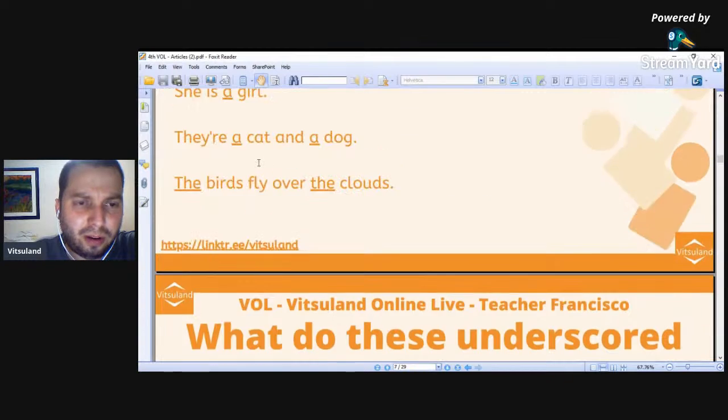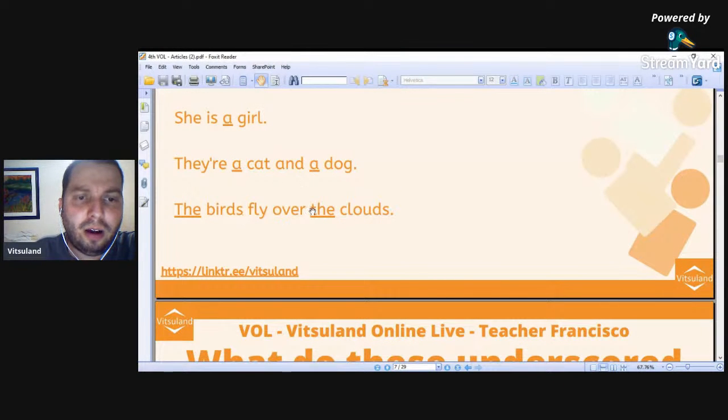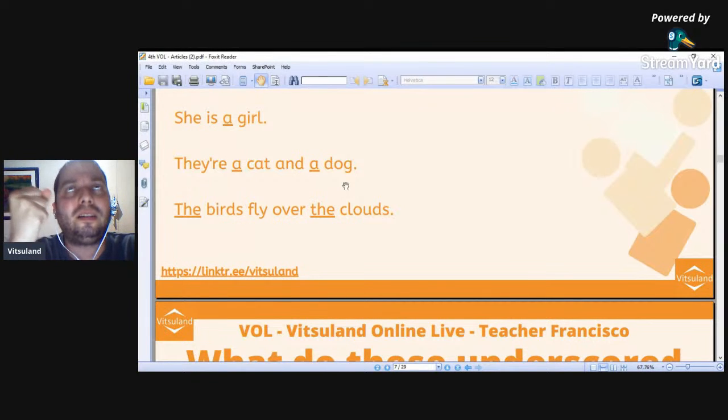Let's go back here. The birds fly over the clouds. In this case, we are not determining. Okay, this case is a case of plural. These are plural nouns. So we use THE in this case. So the birds fly over the clouds, but they are indeterminate. They're indefinite, like they are not specific.